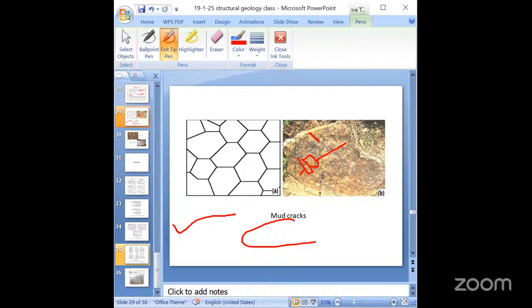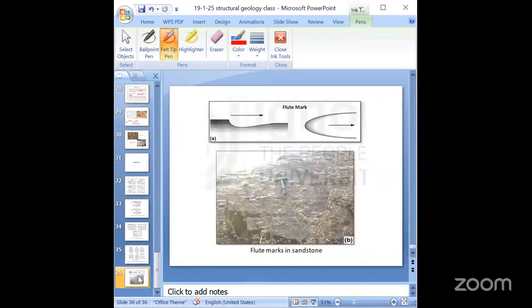These structures are preserved on the base of a bed, which is sharply differentiated lithologically from the bed below. So they usually occur at the interface of two different lithologies. Sole marks are found most commonly in turbidite deposits.